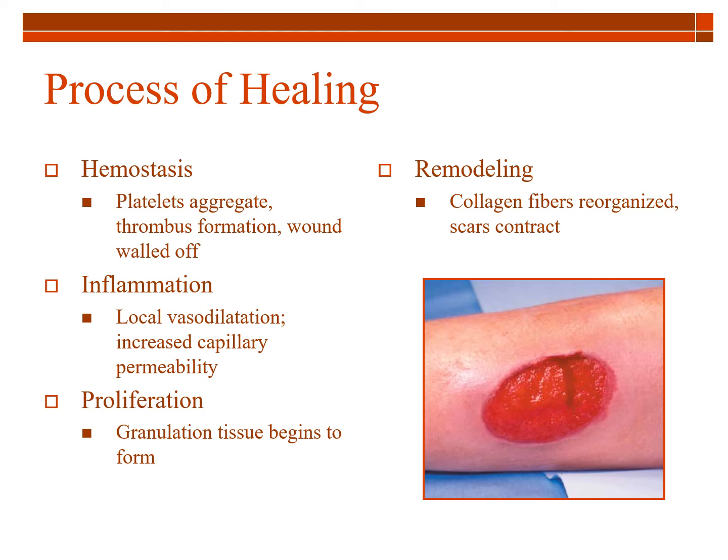This is an acute local inflammatory response, which involves local vasodilation and increased capillary permeability. And then we have proliferation, which is the formation of granulation tissue. And finally, we have remodeling, which means we have the reorganization of collagen fibers and the scar contracts.